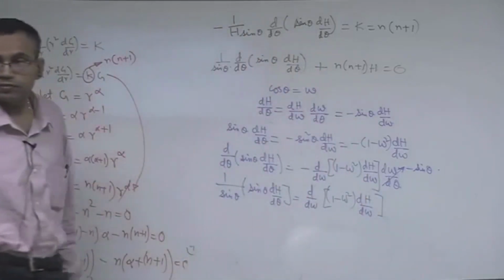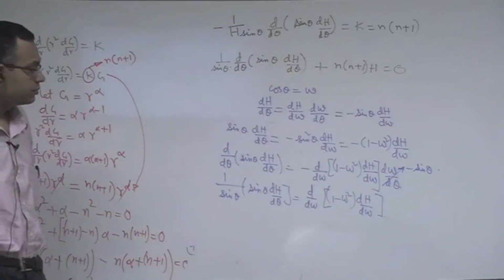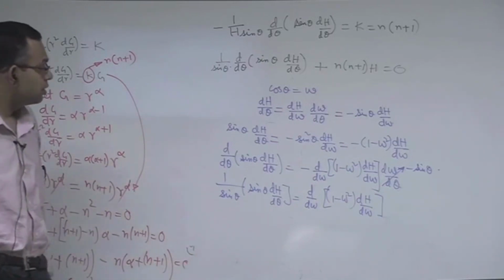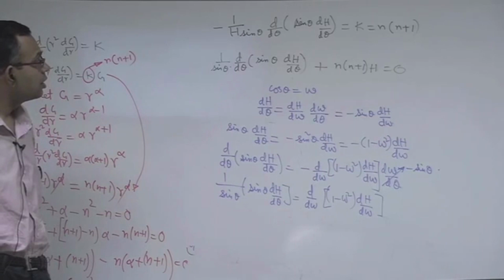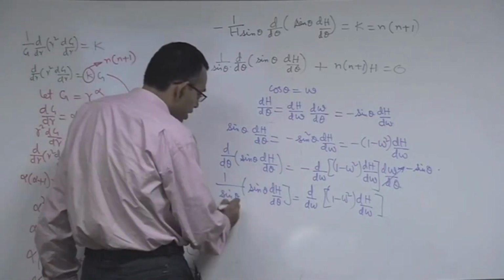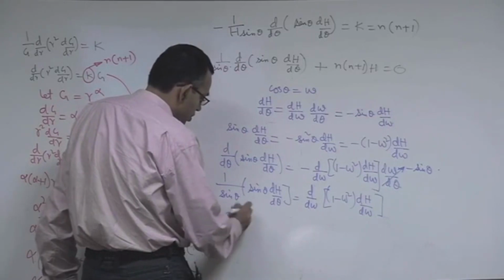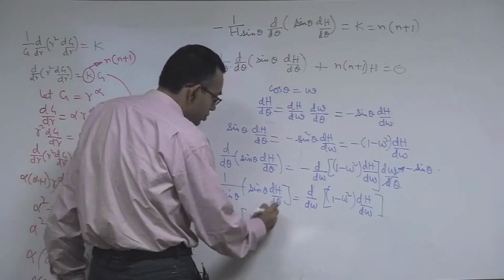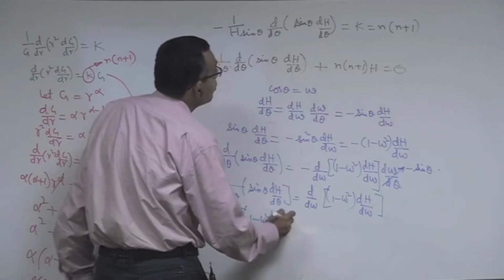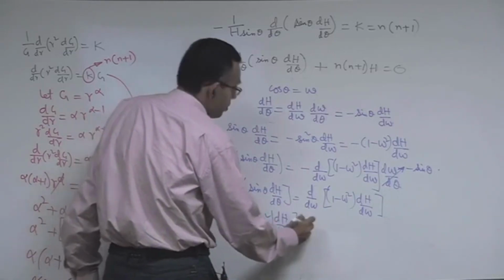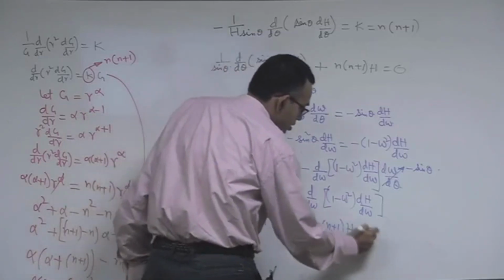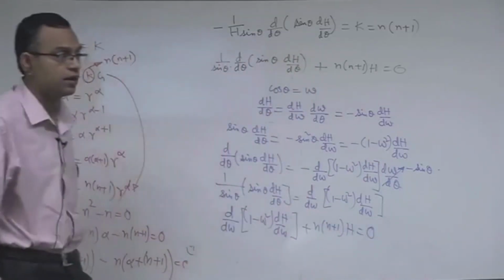The two minus signs cancel. So, you have d/dw of 1 minus w square dh/dw plus n into n plus 1 h is equal to 0. This is your equation.